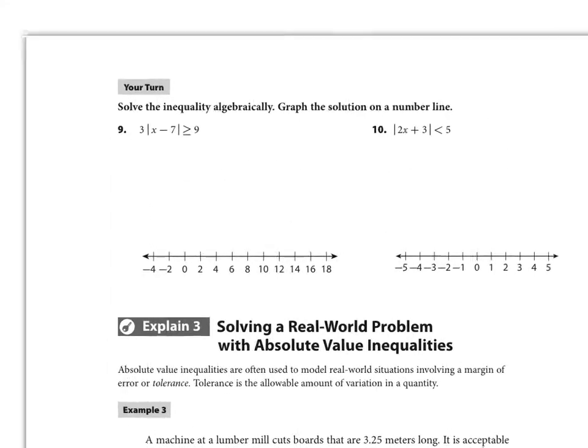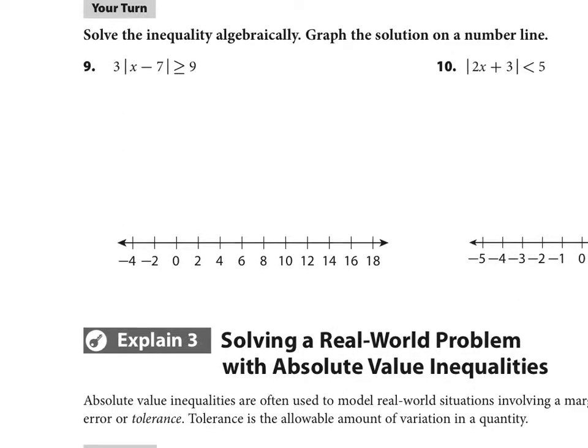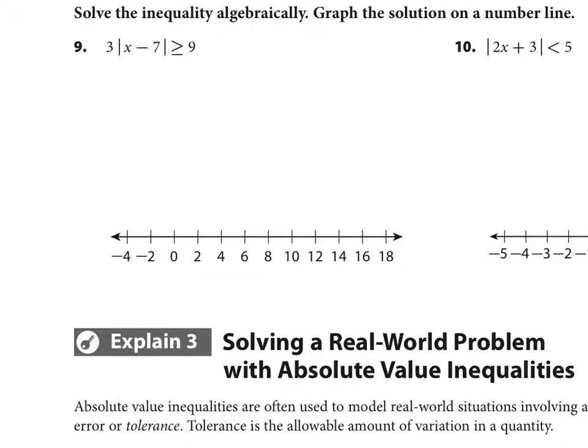In this problem, number 9, the first step is to isolate the absolute value expression. So we're simply going to divide both sides by 3, and we get the absolute value of x minus 7 is greater than or equal to 3. All right, our next step is to solve for the two endpoints. So we have x minus 7 equals a positive 3, or x minus 7 equals a negative 3.